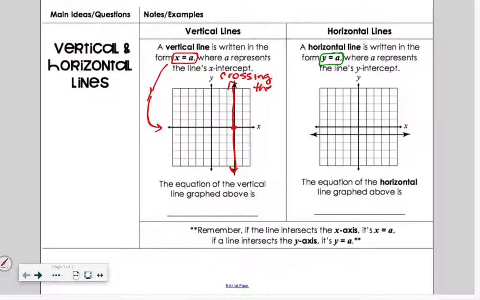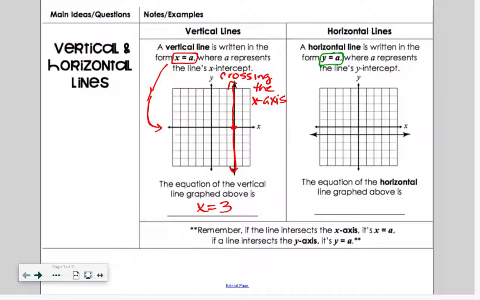And lines that cross the x-axis have to be vertical. Otherwise, it would be laying on top of the x-axis. So if you cross the x-axis, you're making a vertical line that goes through whatever number, in this case, on this picture, it would be 3. So the equation of the vertical line graphed above is x equals 3.